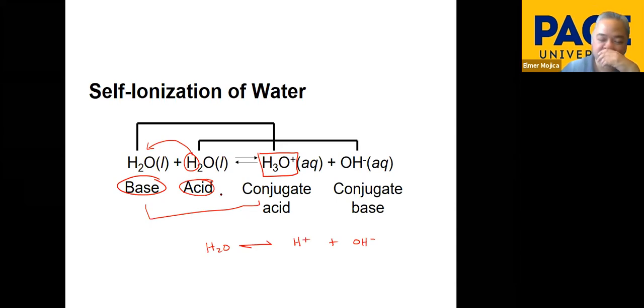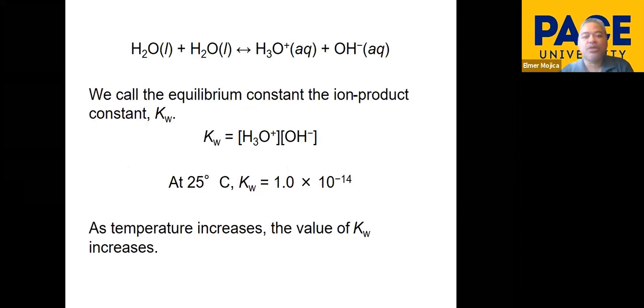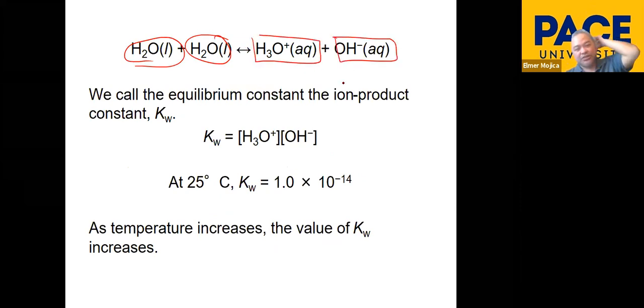They're just the same, whether you have two molecules of water or one molecule of water dissociating to give you an acid and a base. Now, what's unique with this one? If you write the reaction, H2O liquid plus H2O liquid produces H3O plus and OH minus, both aqueous in nature. If you write the law of mass action, you write it like this.